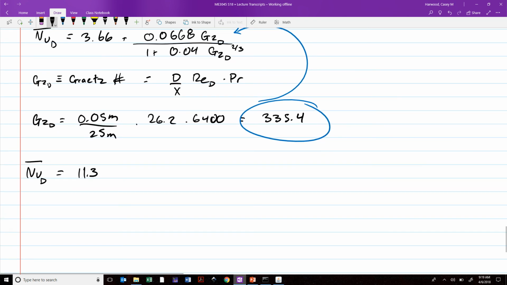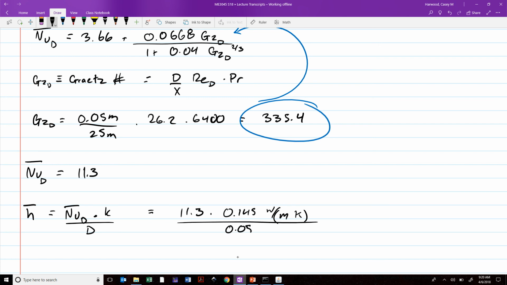And finally, and this is where we'll leave things off, we'll finish it off on Monday. This means that h bar can be computed as Nusselt number based on diameter times k over D, which works out to 11.3 times k, 0.145 watts per meter Kelvin, and diameter is 0.05 meters.